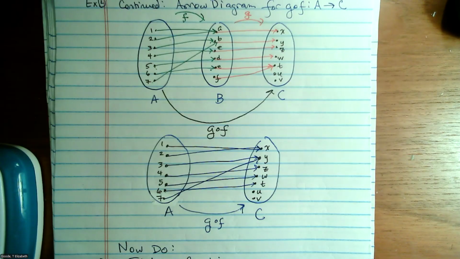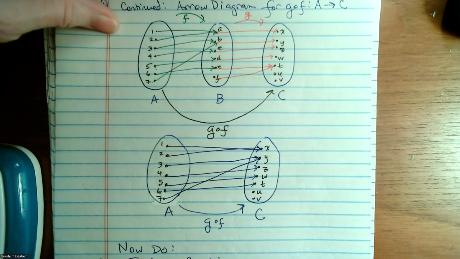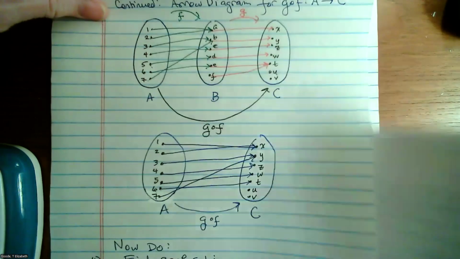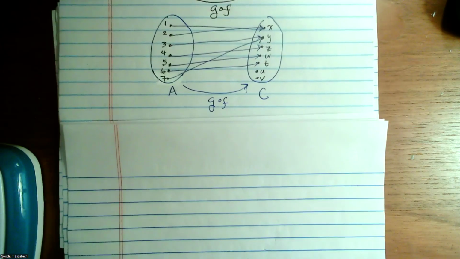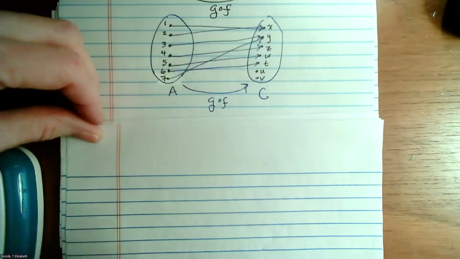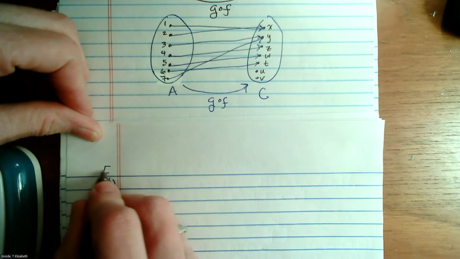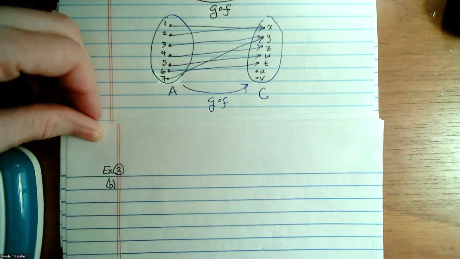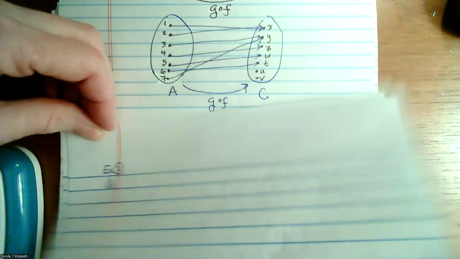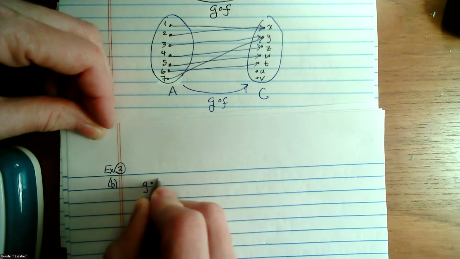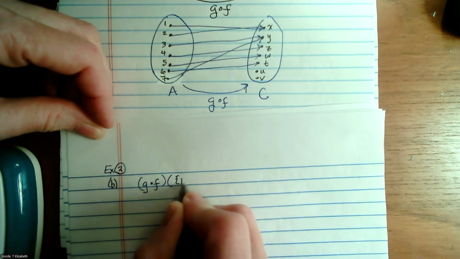But now let's practice the image game and the inverse image game. All right. And we can look at these diagrams to try to answer that. In fact, we can probably just use the second diagram because it's more simple. Find each set. This is part B of this example 2. Find G of F of the set containing 1 and 2.